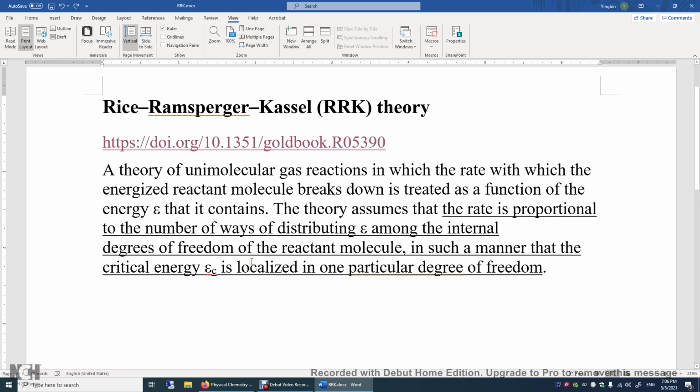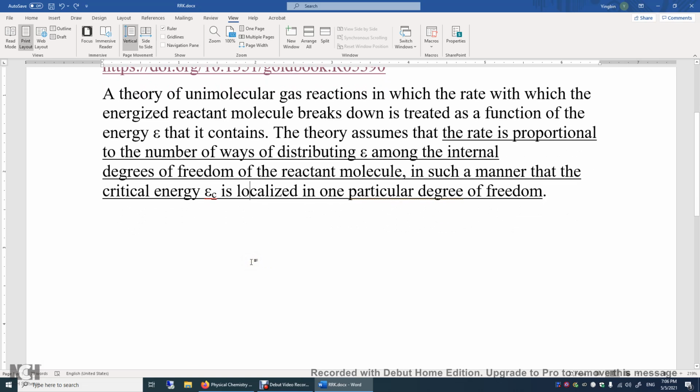Now I'm going to give you a more specific example. Let's say we have a triatomic molecule, that means 3 atoms.